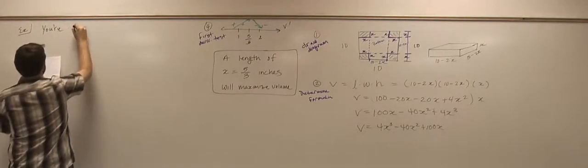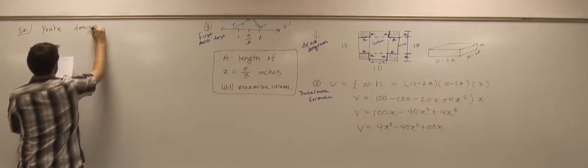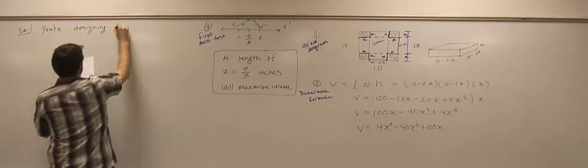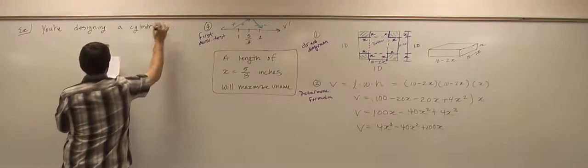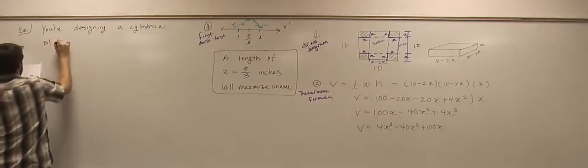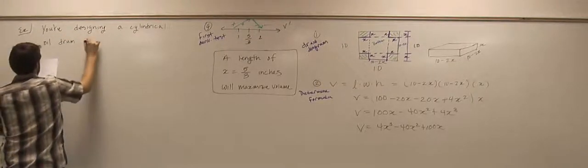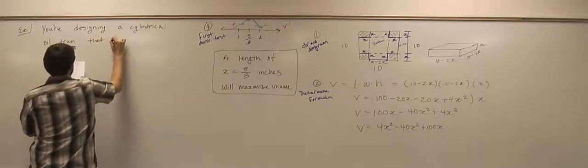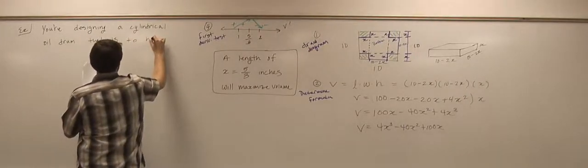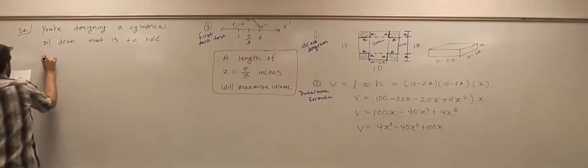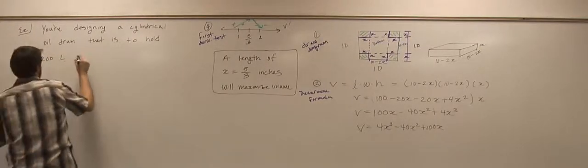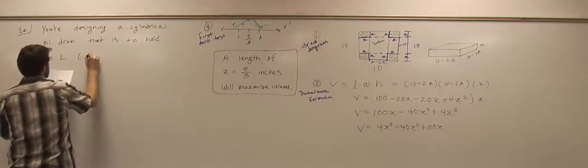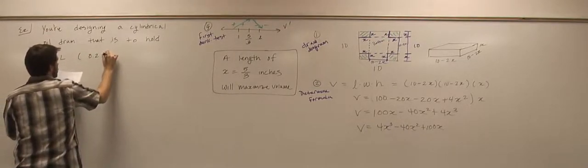So you're designing a cylindrical oil drum that is to hold 200 liters of oil, which is going to require 0.2 meters cubed of volume.